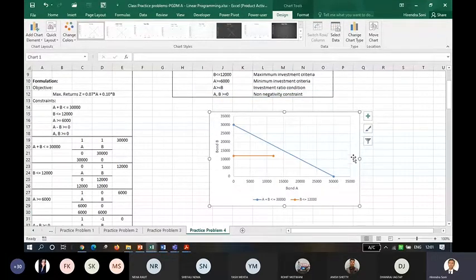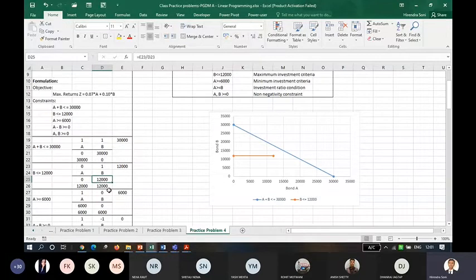I should take the values a bit further so that the line cuts all the way through to here. So it is 30,000, so I will have to take it up to 30,000. Fine. So B is less than or equal to 12,000. This is our 12,000 line, so bond B less than or equal to means we are talking about this region.